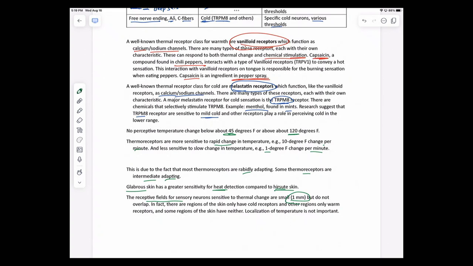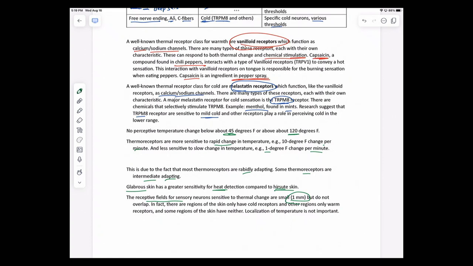So they can be apart a ways. But if you think about it, the function of temperature sensing is really more just ambient temperature of the air. It's not that important that you know exactly what the temperature is at an exact point on your skin. Now, again, we'll talk about later if you're burning or if you're freezing and it's painful. Now we're getting into nociception and pain. Again, we'll talk about that later.